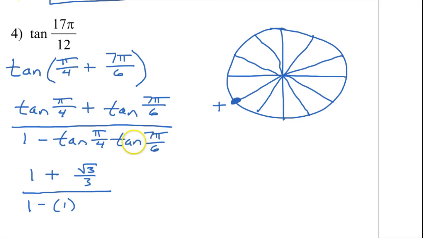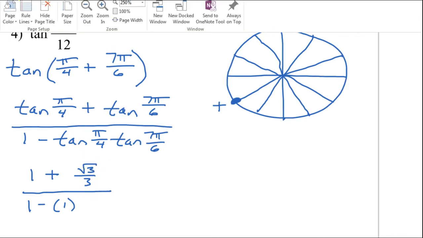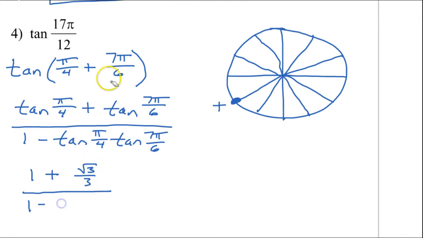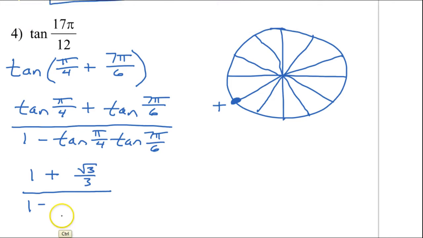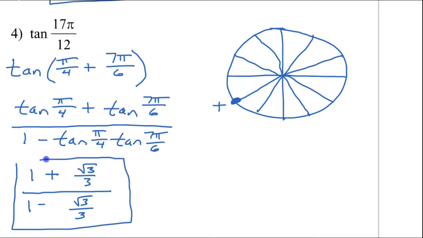But then I have the tangent of 7 pi over 6. We just talked about the fact that that is radical 3 over 3. So I'm just going to erase this and put radical 3 over 3. So really this is one form of the answer right now.